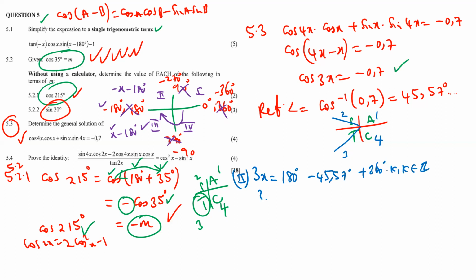If we subtract this, 3x is 180 minus that, which is 134.43 degrees plus k times 360 degrees, where k is in Z. So x is 44.81 degrees. If you divide the 360 by 3, you get 120, so it is plus k times 120 degrees, where k is in the integers.